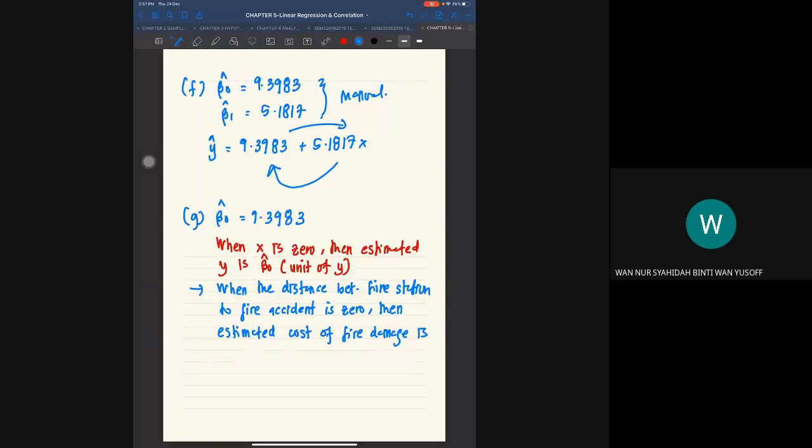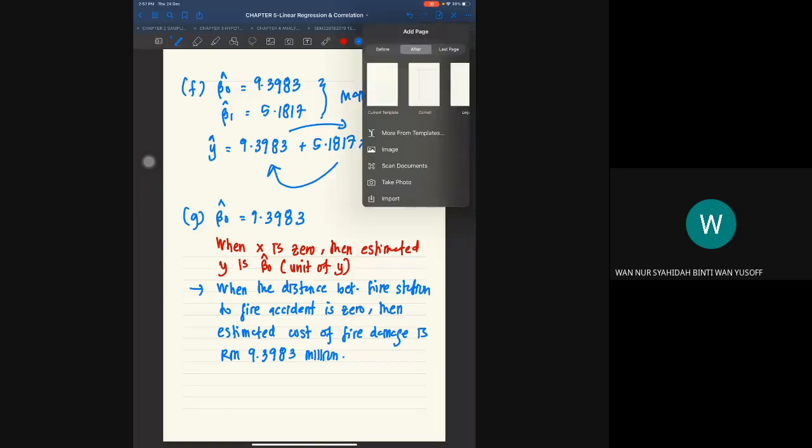RM million. So it is RM 9.3983 million. So the red one here is in general, the blue one here is based on our data set. Okay, and then beta 1.